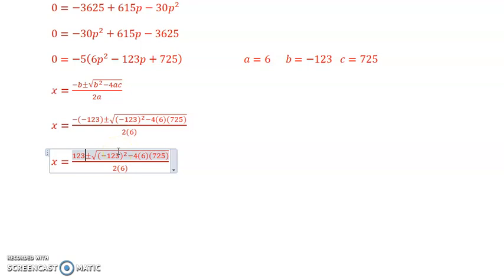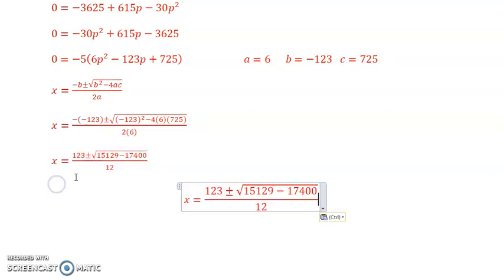I'm not sure I do that one quite in my head. 123 squared is 15,129, and negative 4 times 6 times 725 gives me a negative 17,400. Denominator is 12.